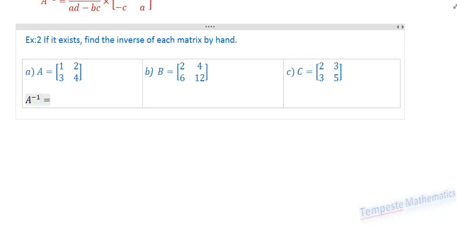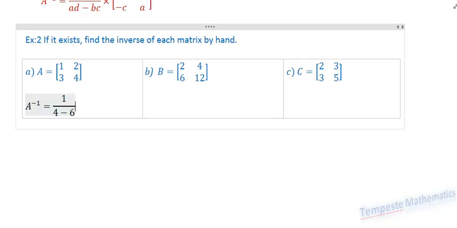So A inverse is 1 over, 1 times 4 is 4, minus 2 times 3 is 6, times, it's close to A, but we're going to swap a and d. So where there was a 4, there's a 1, and where there was a 1, there's a 4, and I changed the signs of the other two.